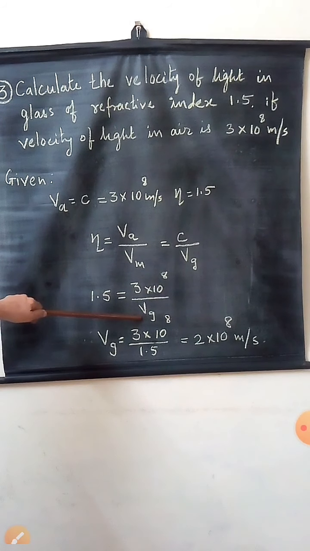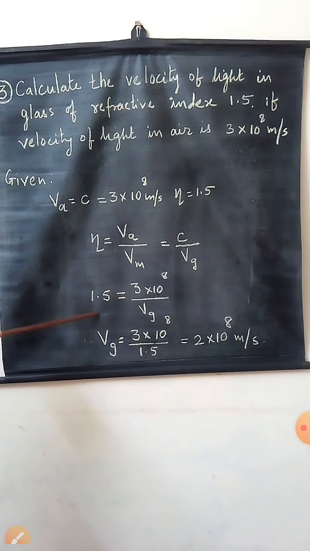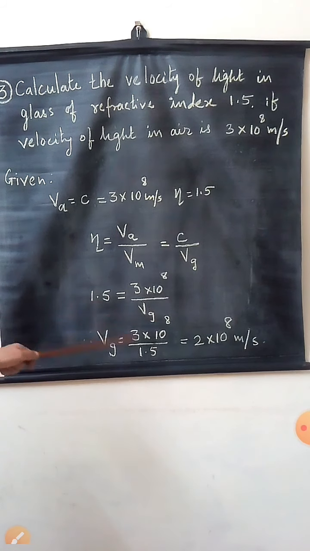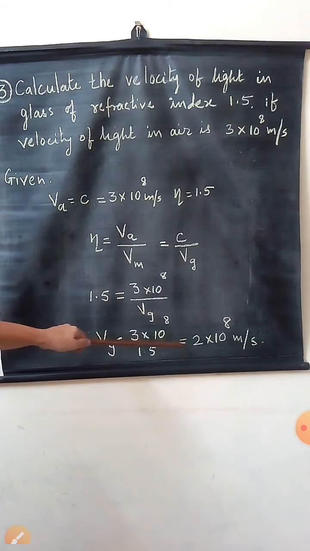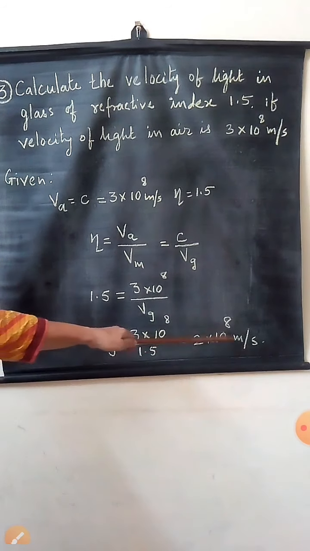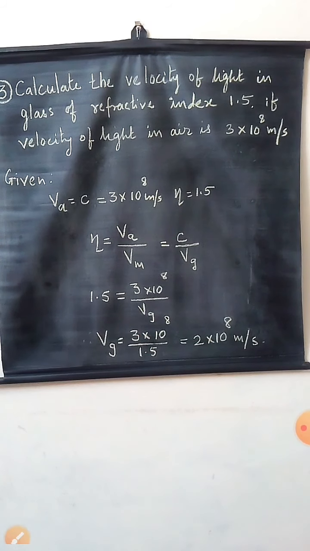So we have to calculate this value. Let's take it on the left hand side. So Vg, velocity of light in glass, is equal to 3 into 10 raised to 8 divided by 1.5, which gives us the velocity of light in glass as 2 into 10 raised to 8 meters per second.